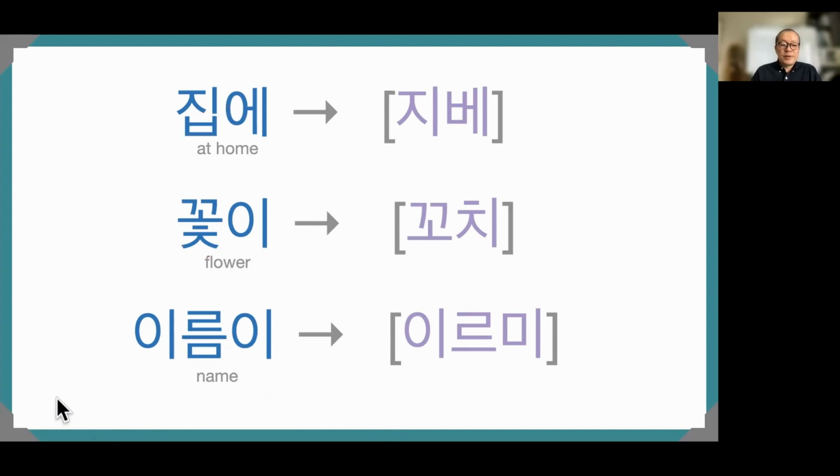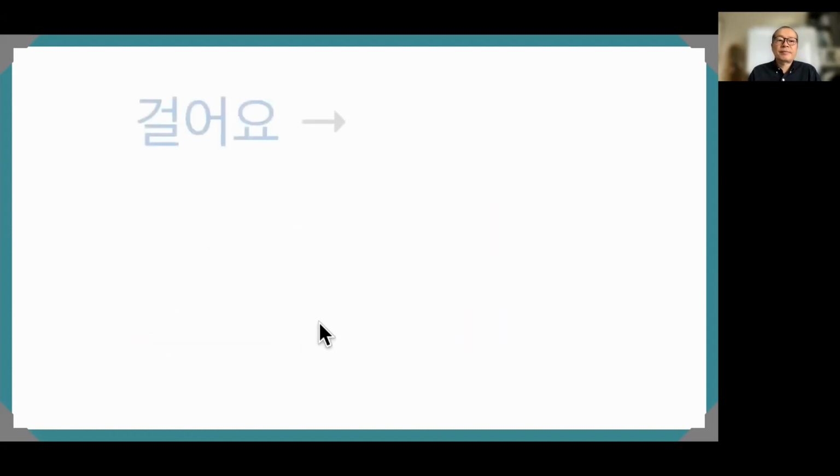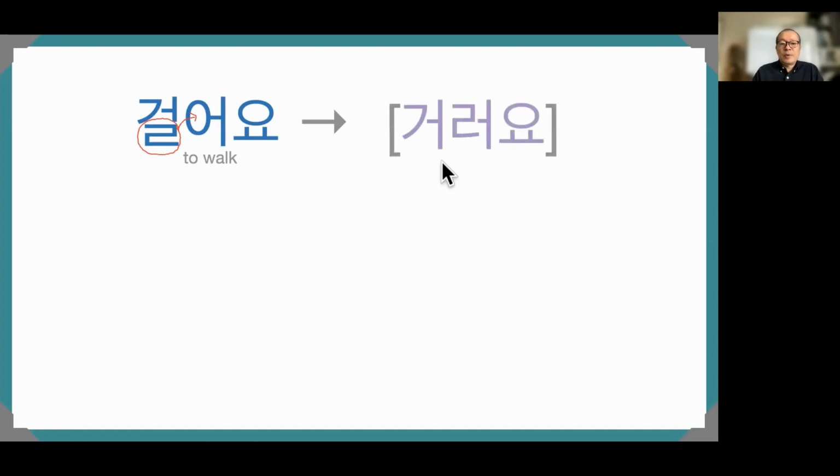Okay, let's practice some more. Can you read now? This 받침 is shifted here. So the pronunciation is 걸어요, 걸어요. Next one. This consonant is shifted here.